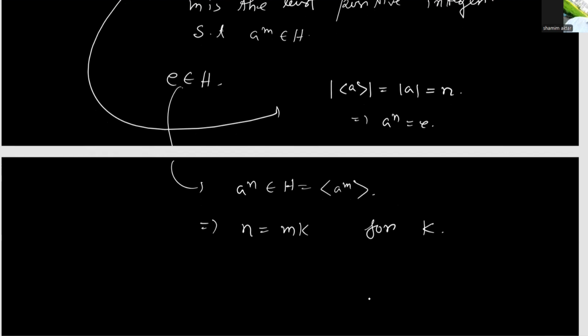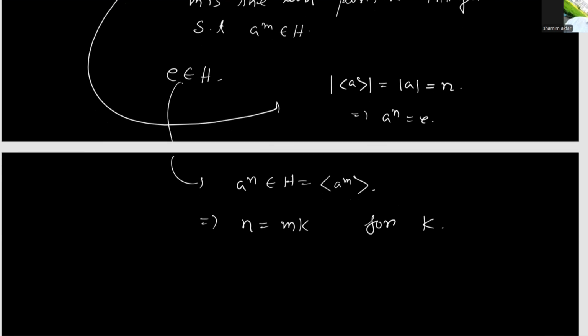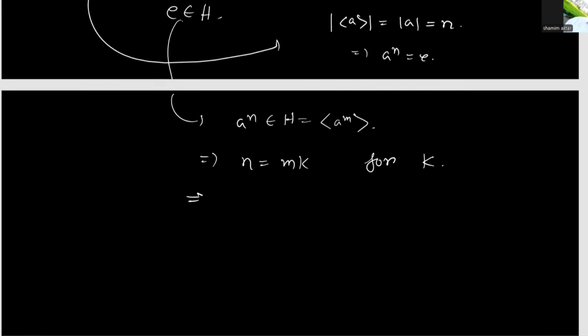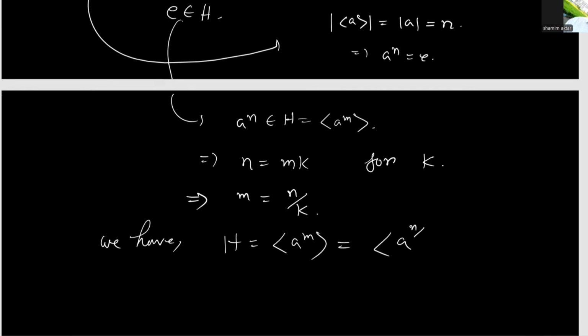So m equals n by k. So H equals the generator of A to the power m, that is A to the power n by k, which equals the generator of A to the power n by k.